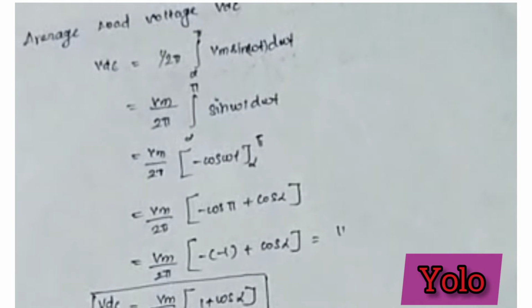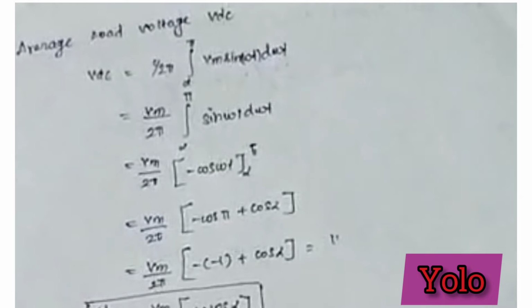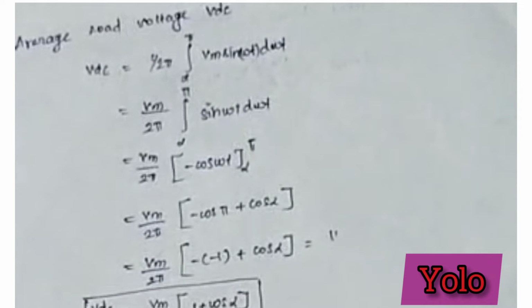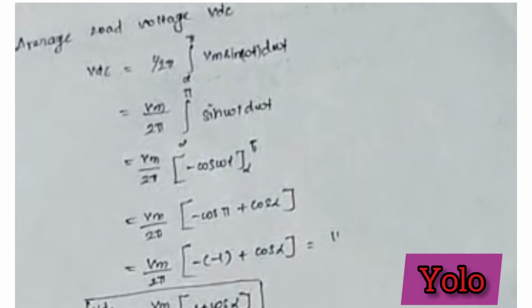So it is VDC. It is 0 to 2 pi. We can divide it into 3 parts: 0 to alpha, alpha to pi and pi to 2 pi. In 0 to alpha we get no output voltage. So VDC equals 1 by 2 pi, limit alpha to pi, Vm sin omega t d omega t.